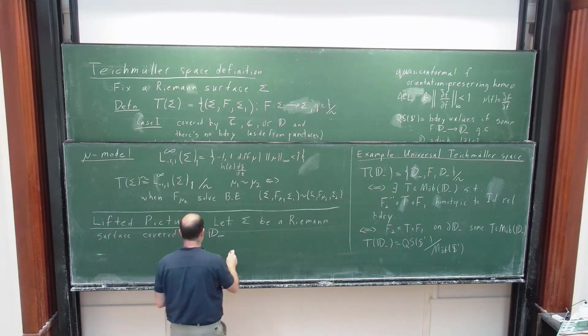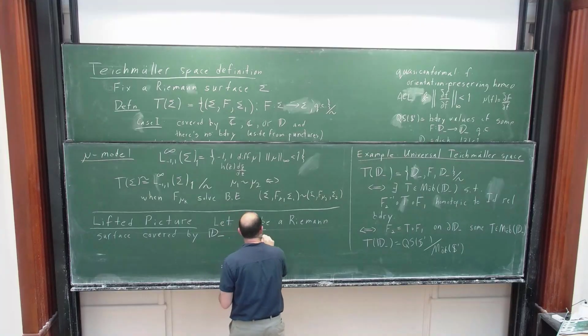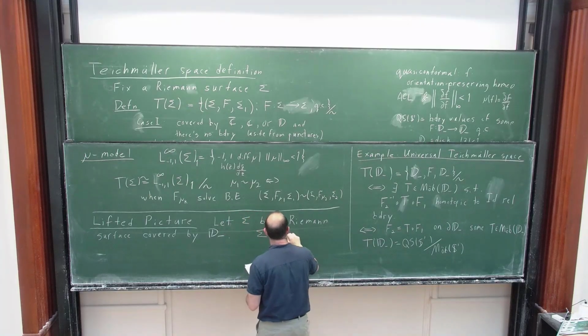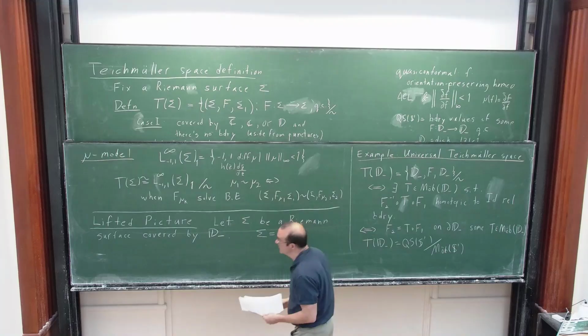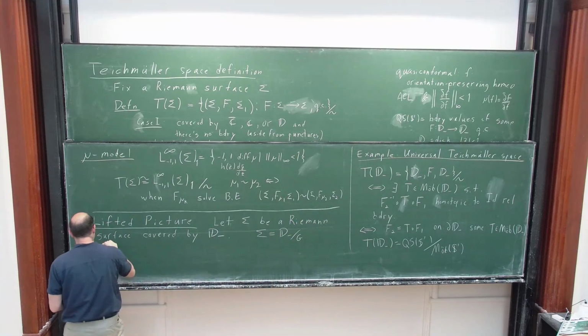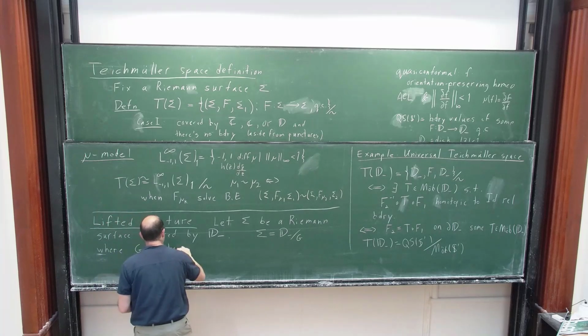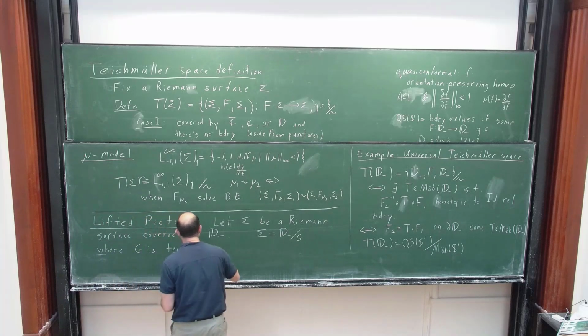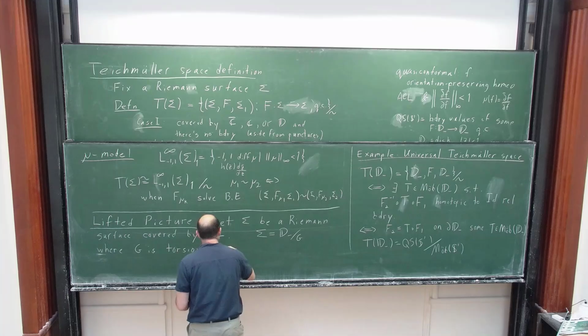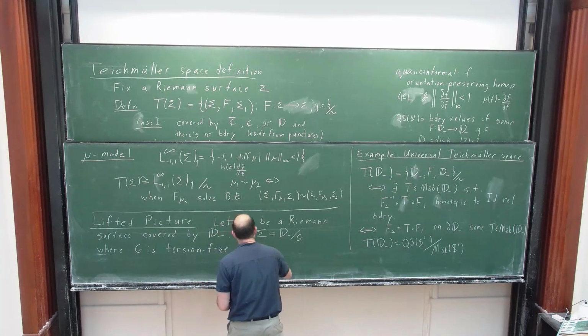Then I'm just going to say sigma is equal to D minus mod G, where G is a torsion-free Fuchsian group. I'm using some technical language here.